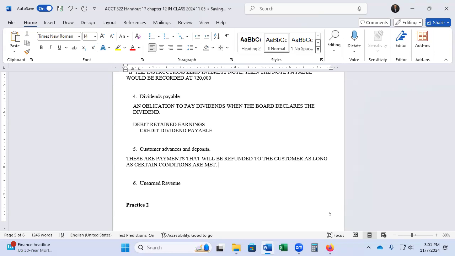So advances and deposits would be something like a security deposit on a rental place. If you didn't pay the rent, they would take that security deposit, but in general you would get that back.